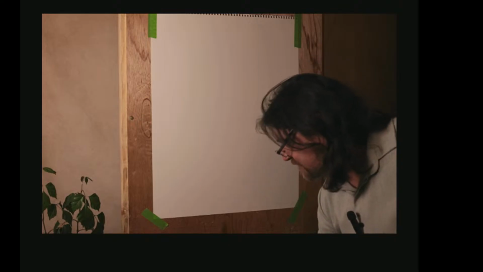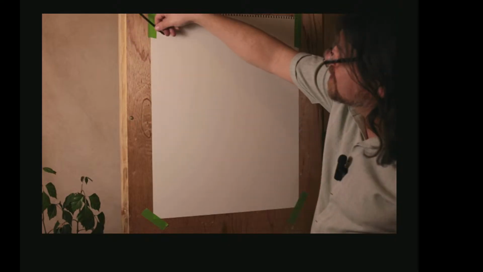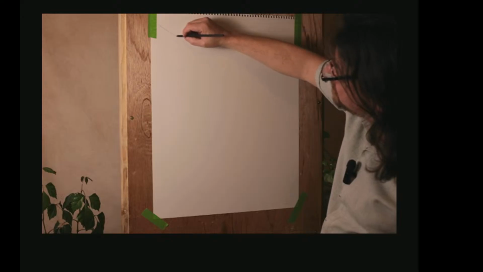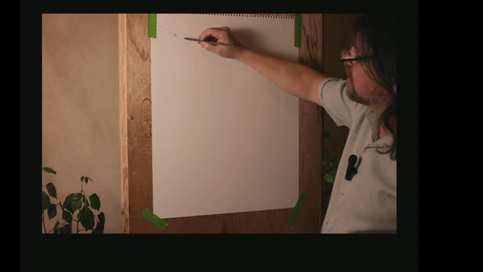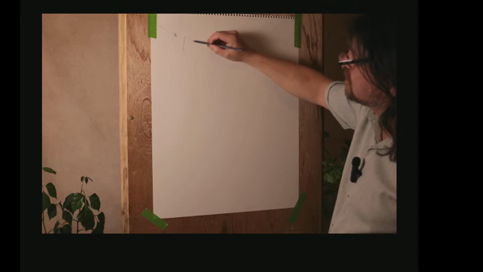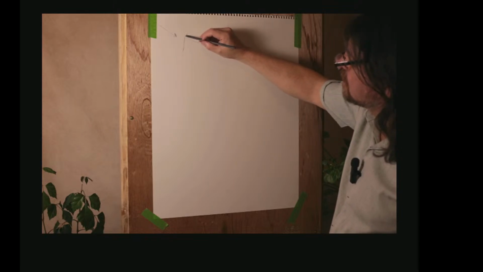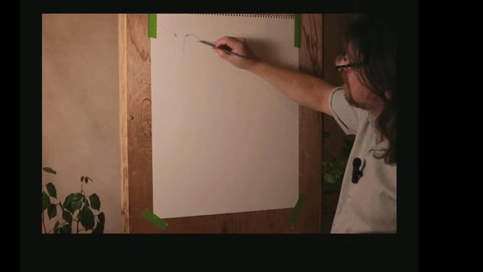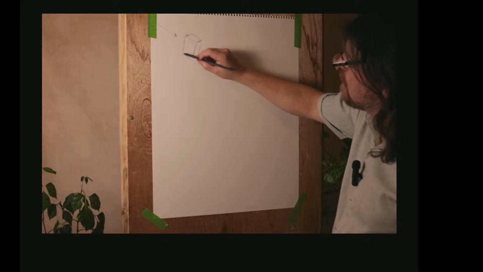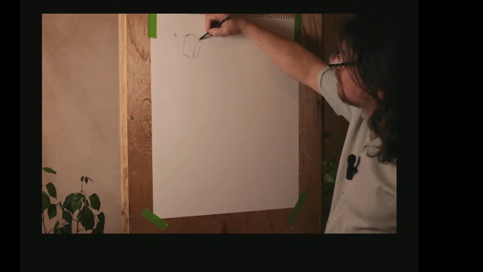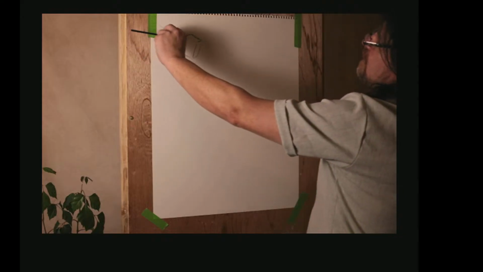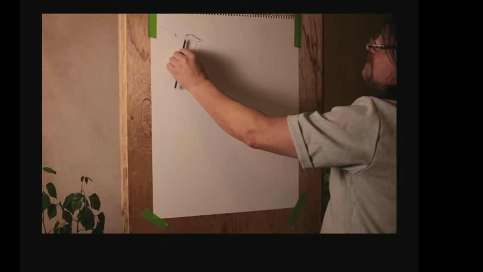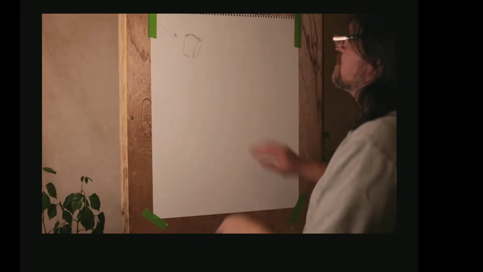So if we were to do a box with the light source, we're going to say the light source is coming this way, as we normally do. And we have a box. The light is going to be half shade on here, or actually if the light's coming here, let me do it this way.